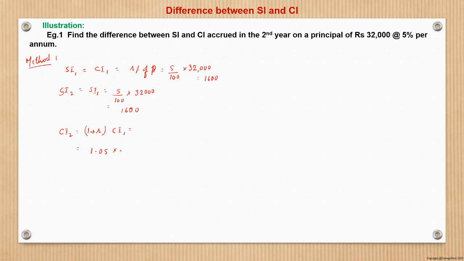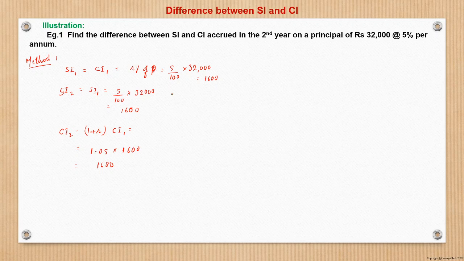So 1.05 times CI1, which is 1600. If we calculate, it will be 1680.